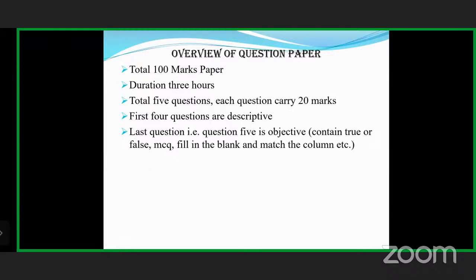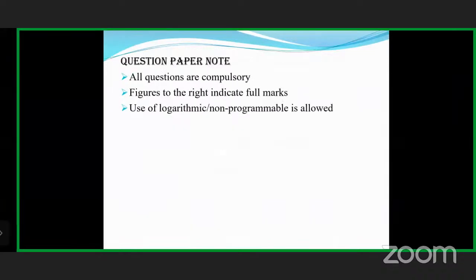The first 4 questions are descriptive, and the last question, which is objective, contains state whether true or false, multiple choice questions, fill in the blanks, match the column, etc. So the 80-mark part of the question paper is descriptive and the 20-mark part is objective type.